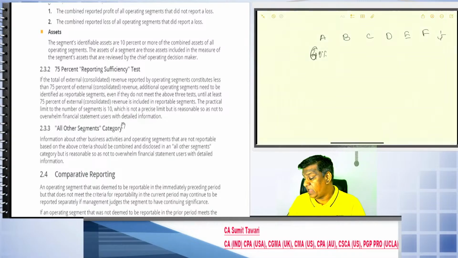And the remaining is basically 5%, 7%, 8%, 10%, 12%, sorry, 2%.